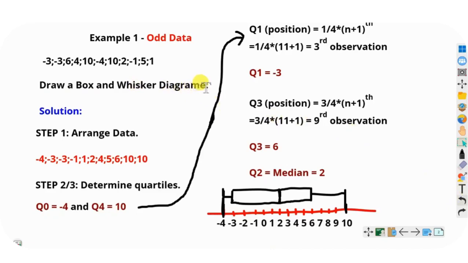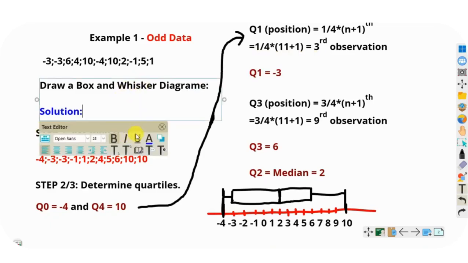So what do we do to draw the box and whisker diagram? Here's the solution, and we're going to follow it.